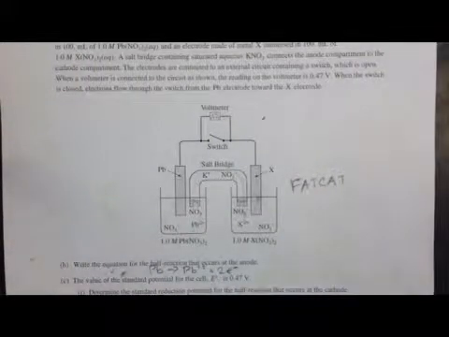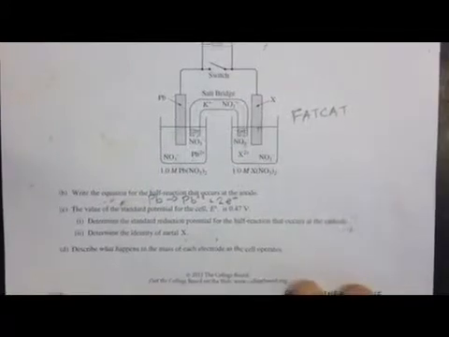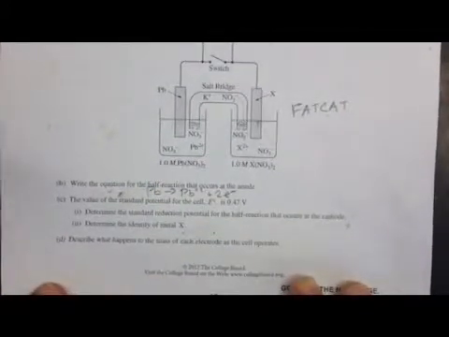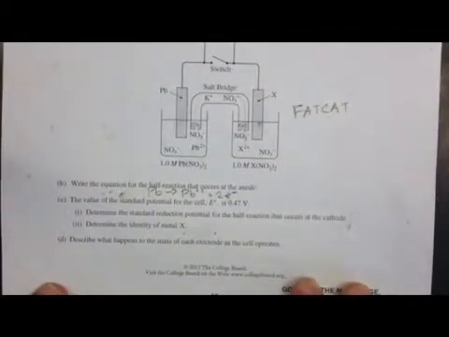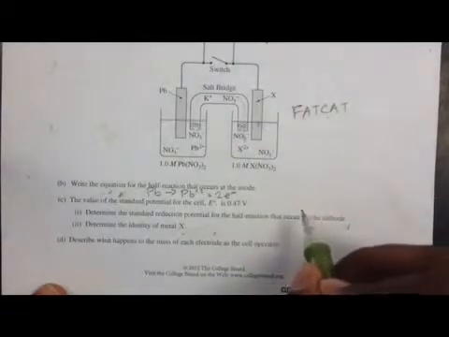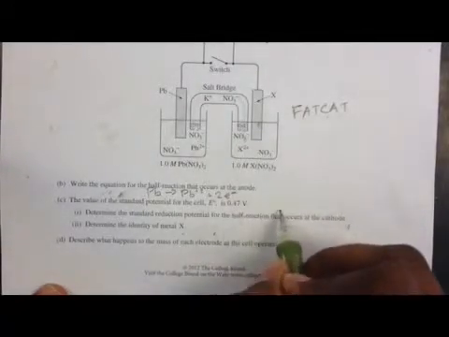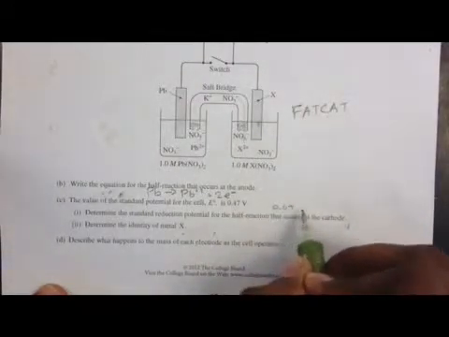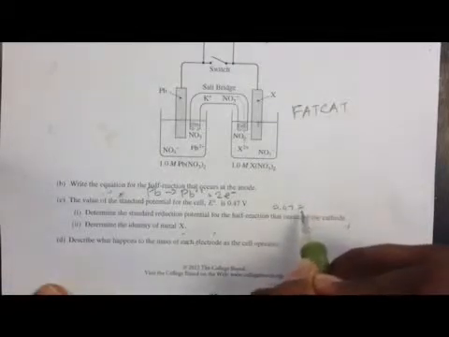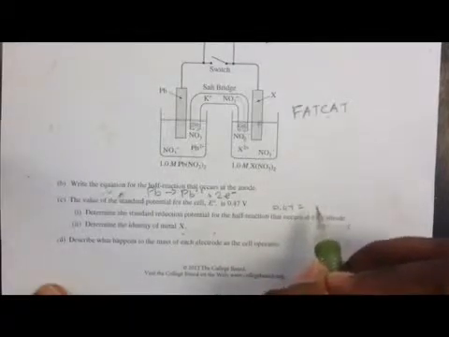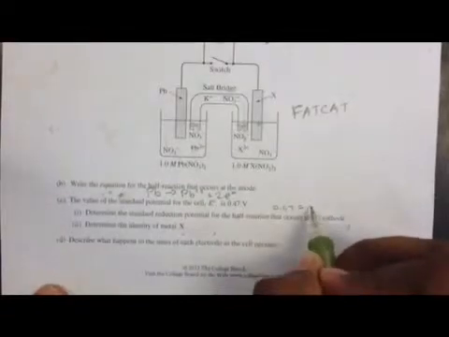electrons. Now we have to determine the standard reduction potential for the half reaction that occurs at the cathode. So we're given that the E cell is 0.47, and we know that E cell equals cathode minus anode.